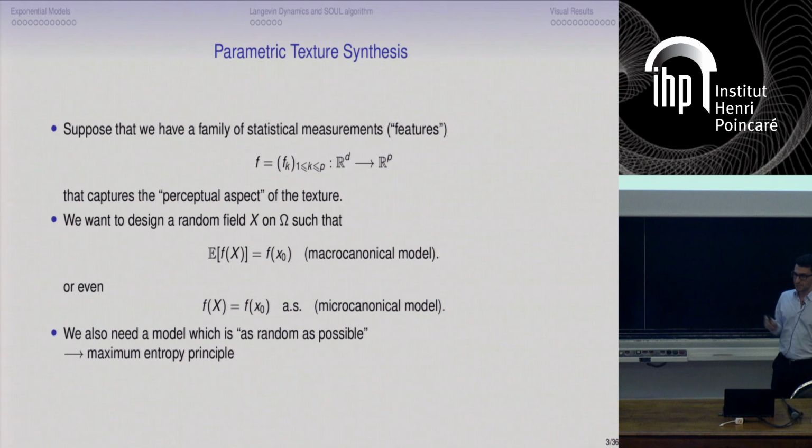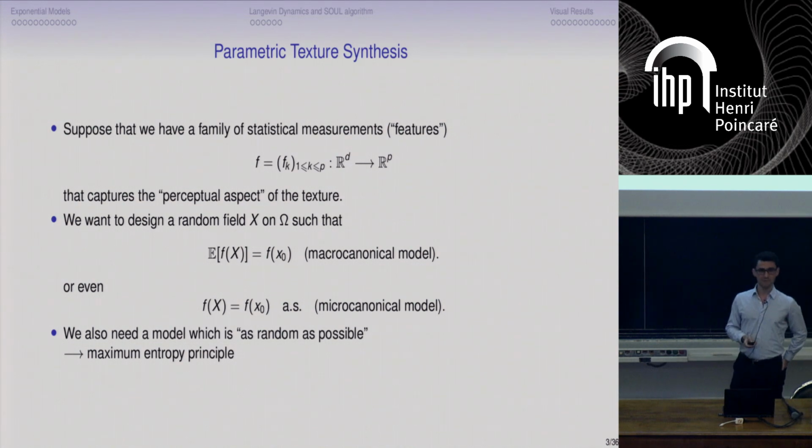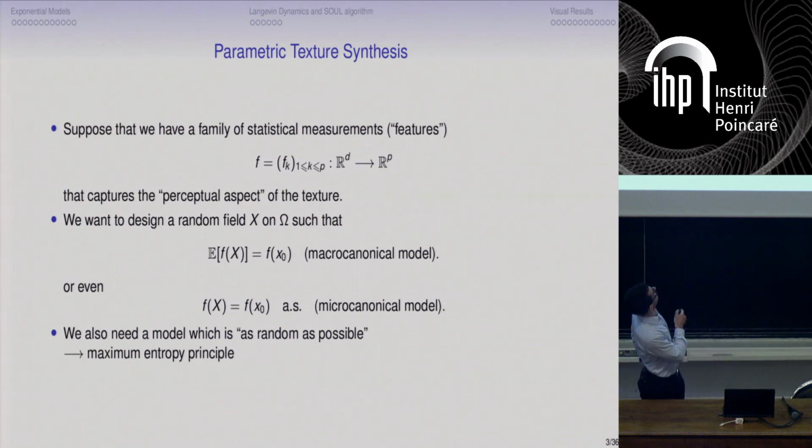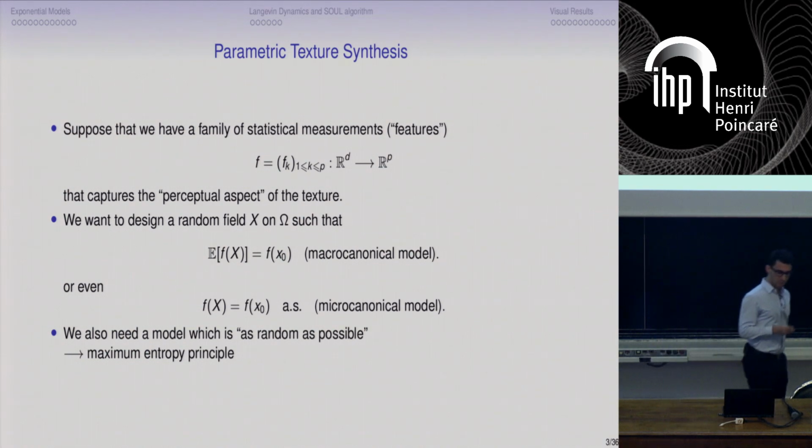One way to do that is to assume that you have at your disposal a family F of statistical measurements, from the set of images to R^P, so we have P numbers to characterize one texture. We assume that these statistics, in some sense, capture the perceptual aspect of the texture.